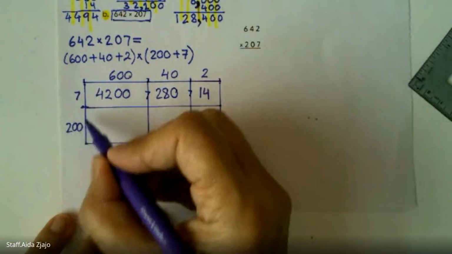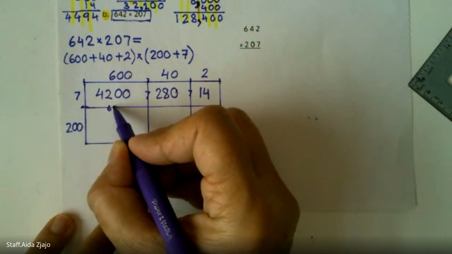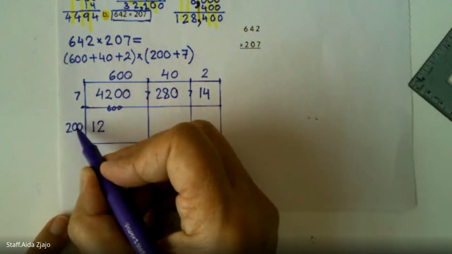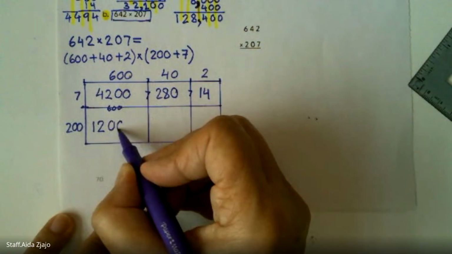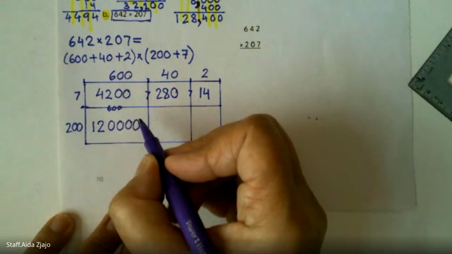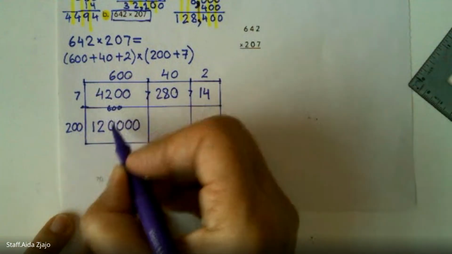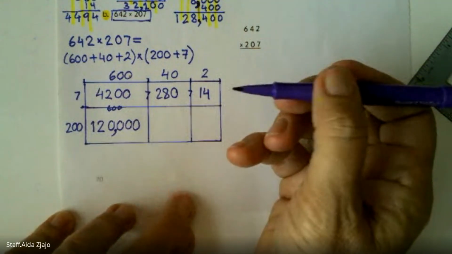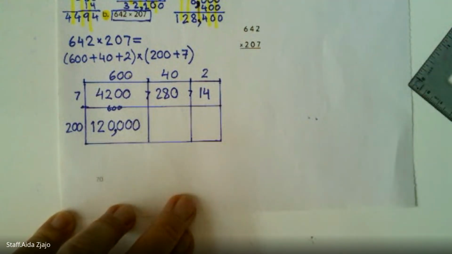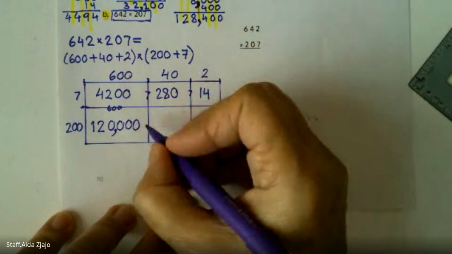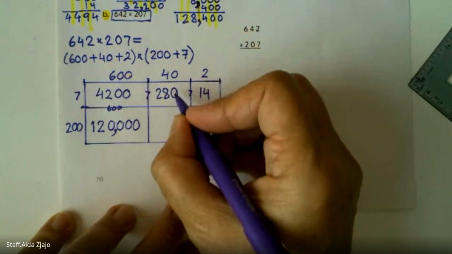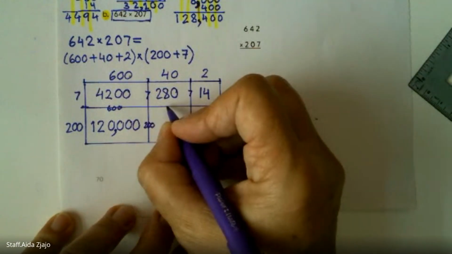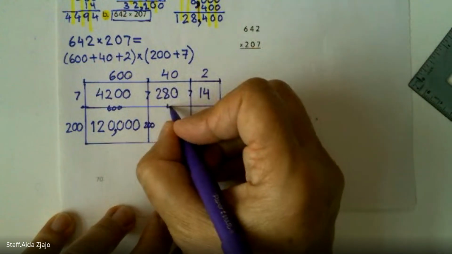So now 200 times 600. 2 times 6 is 12, and I have 1, 2, 3, 4 zeros. So 120,000 is this area. Next, it's 200 times 40. I can write here 200, and this is 40.